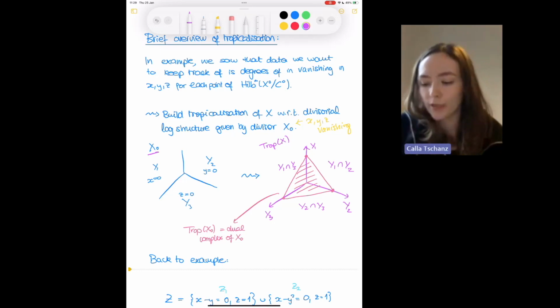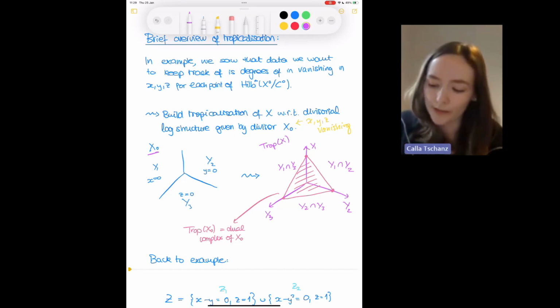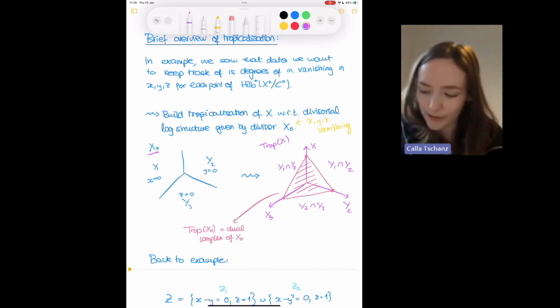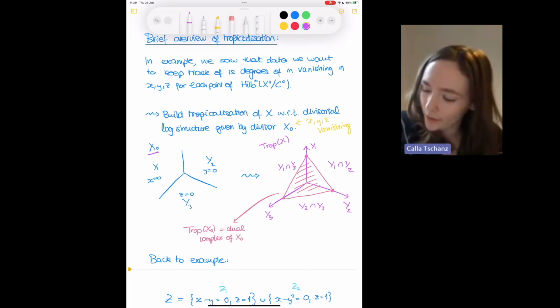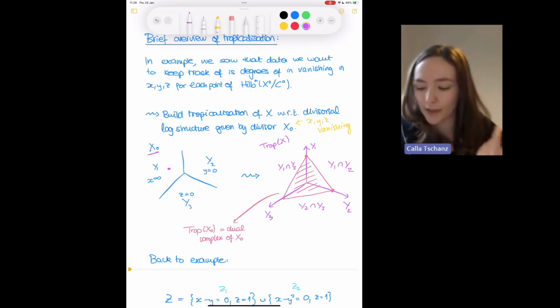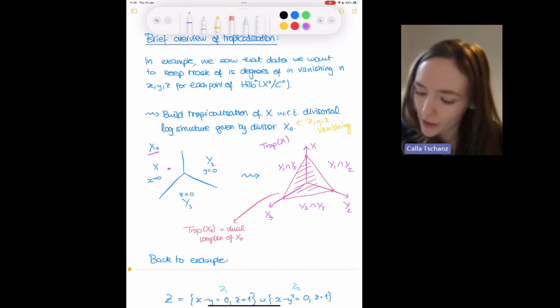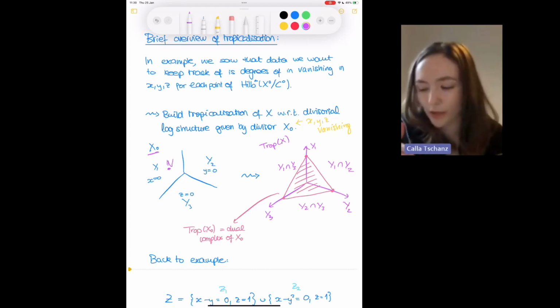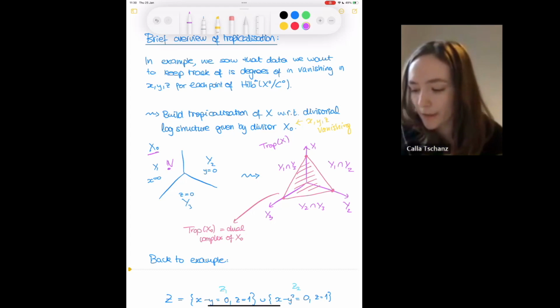And then to each point in this fiber, I'm going to attach a number of copies of the natural numbers. This number of copies will be given by the number of functions vanishing at that point out of X, Y, and Z. So, for example, if I take a point here, I have just X vanishing, and Y and Z don't vanish, so I attach one copy of the natural numbers.